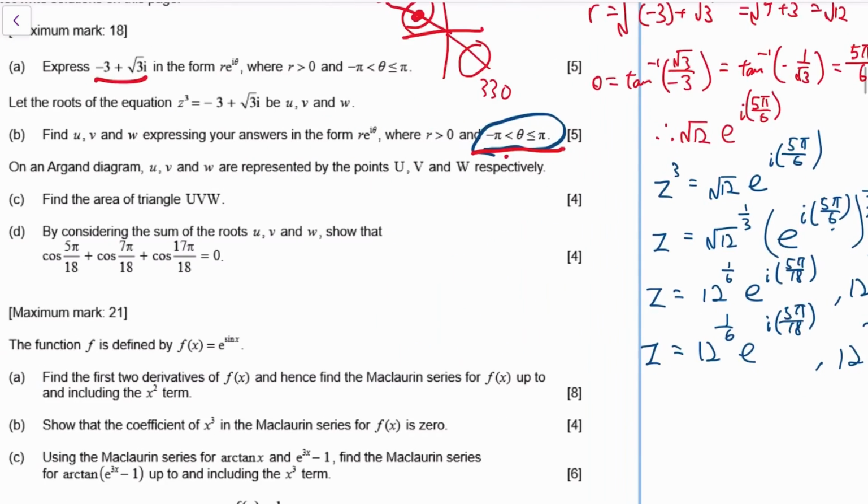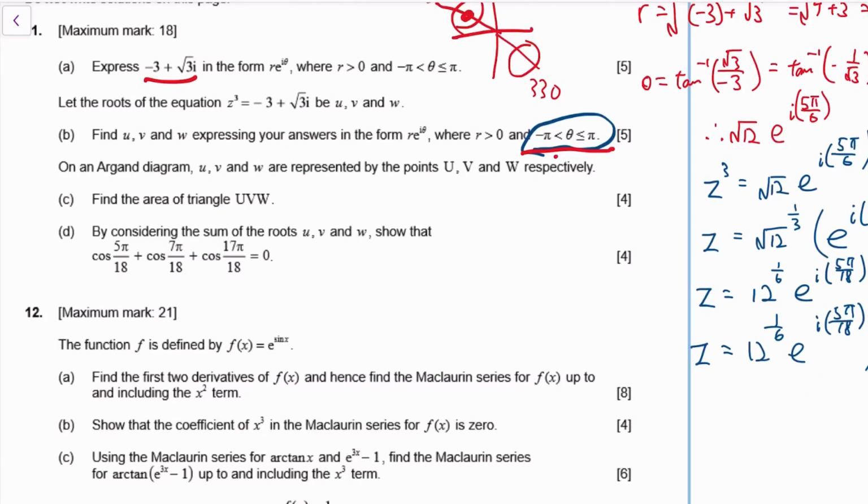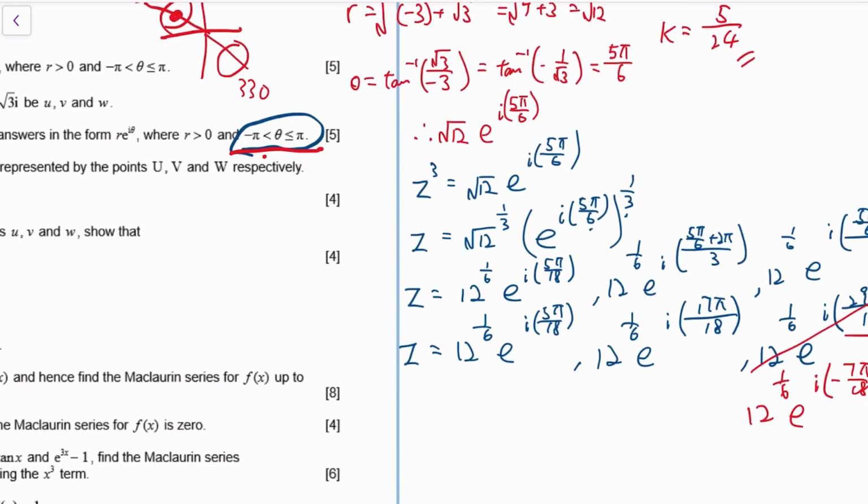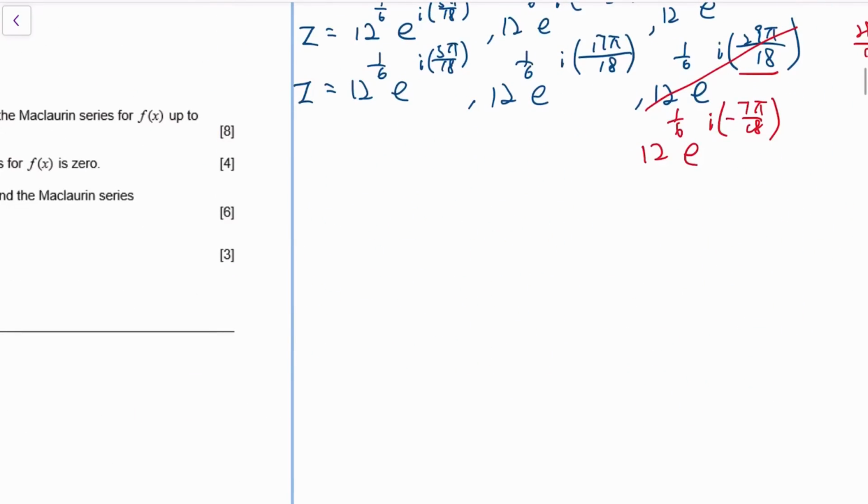Okay, so those are u, v, w. On an Argand diagram, those are the points. Find the area of the triangle. So roughly it's like this. 5 pi over 18, that's roughly what?